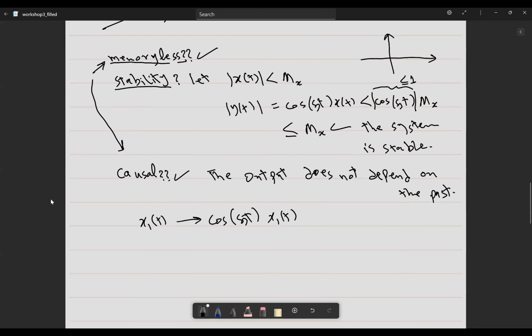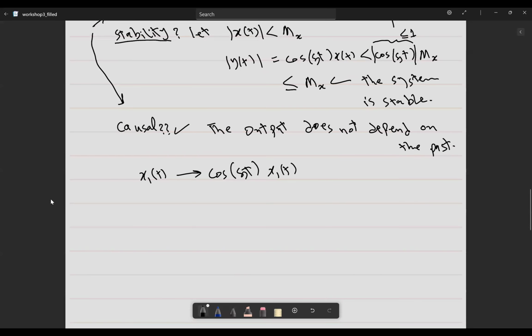And if we have another input x2t, the output similarly will be cosine 5t x2t. I have a quick question.